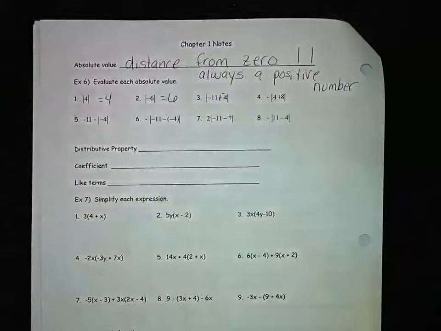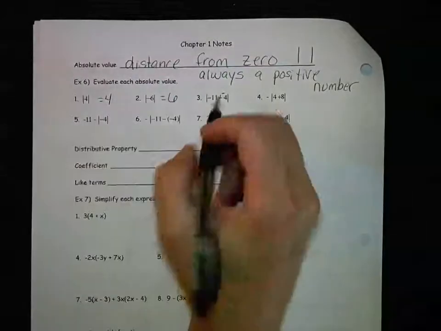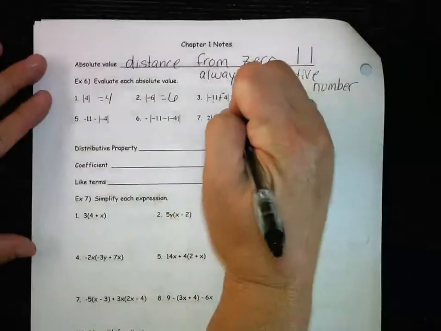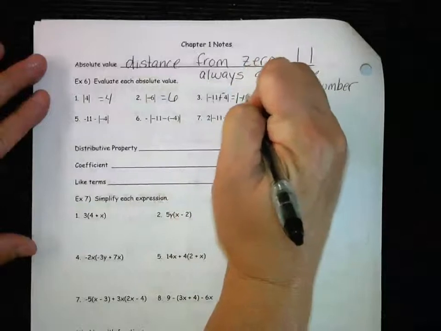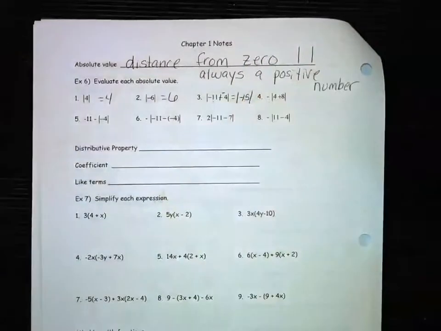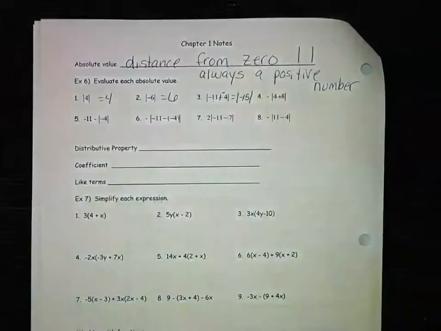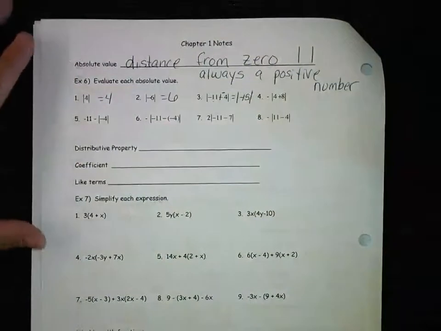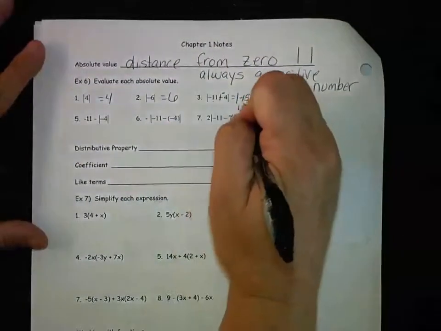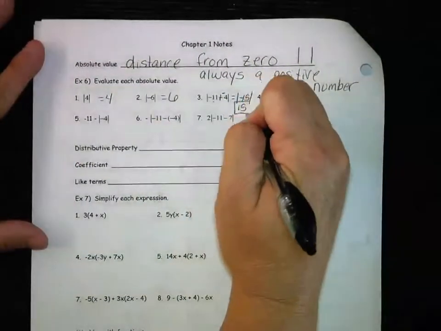So you owe me $11, and then you borrow $4 more. Negative 11 plus a negative 4 is negative 15, still inside those absolute value signs. And now we make those positive, so our final answer is 15.